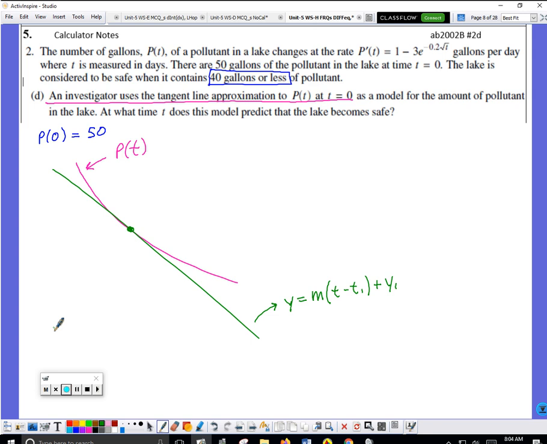So it says an investigator uses this equation as a model for the amount of pollutant. It's as if they're saying, well, I don't know the equation for P, so I'm just going to say this. P of T is approximately this equation. That's what they're saying.